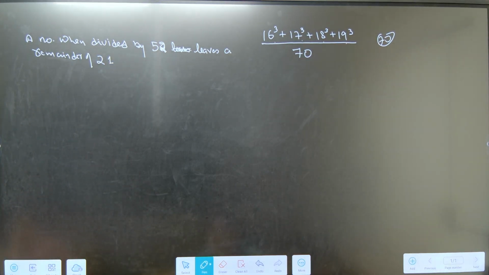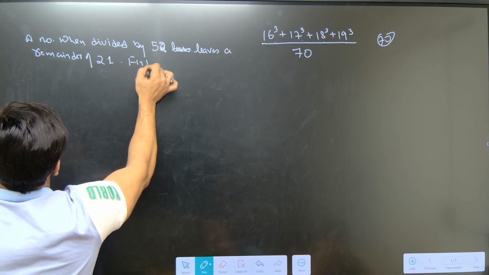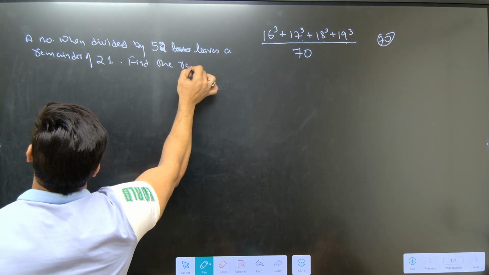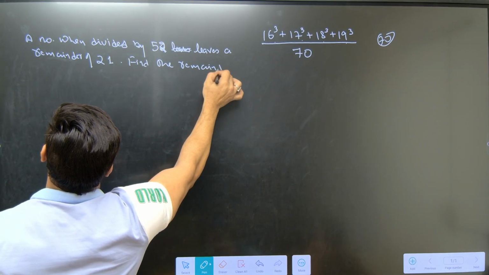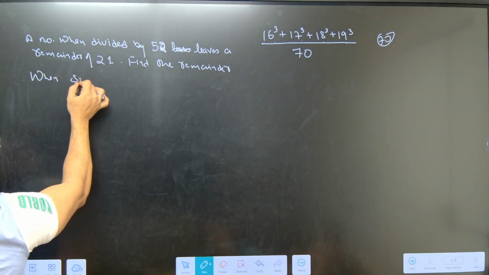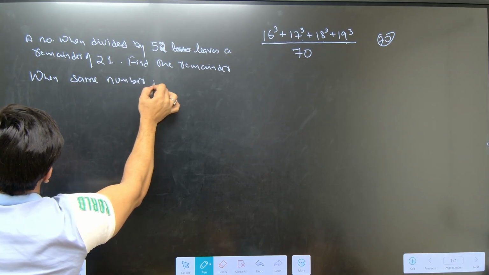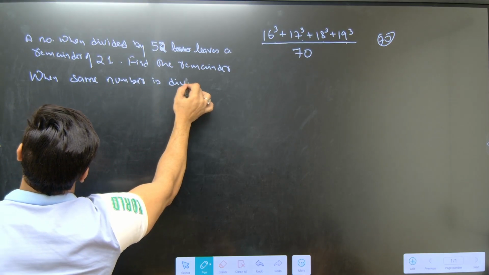You take some number. There are so many numbers which when you divide by 52 can leave a remainder of 21. So a number when divided by 52 leaves a remainder of 21. Find the remainder when the same number is divided by 13.